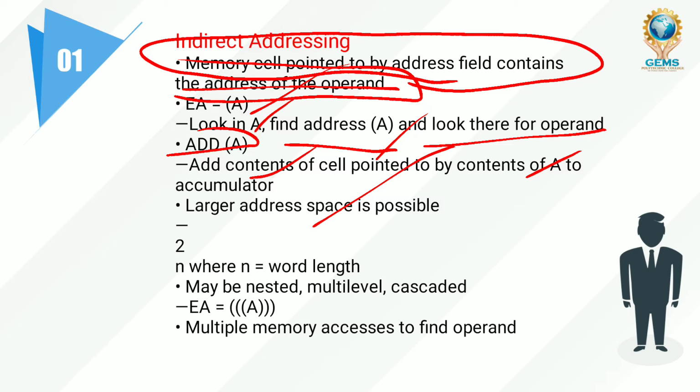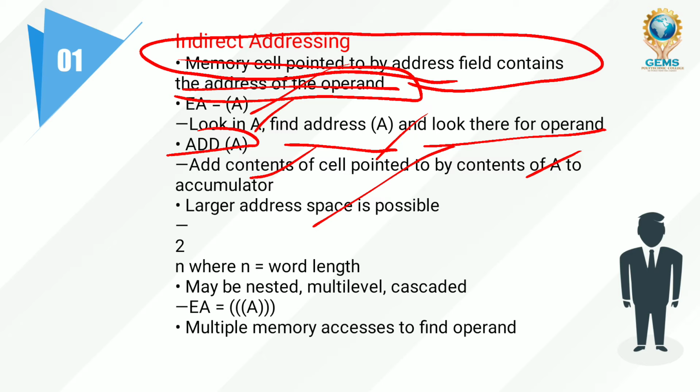It is nothing but the capacity or size of the indirect address mode. So a large address space is possible, with any word length, and it may be nested or multiple cascade: EA equals multiple memory accesses to find the operand.